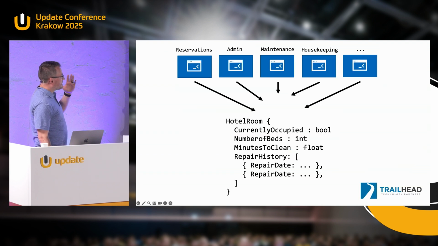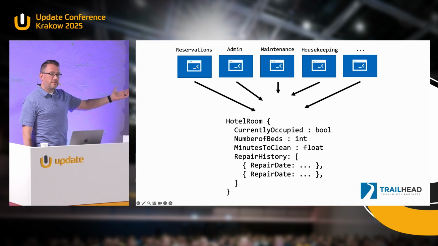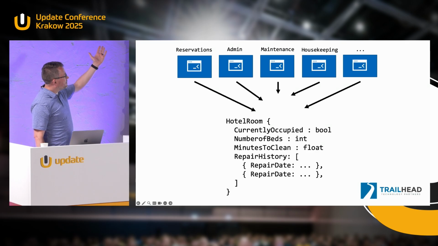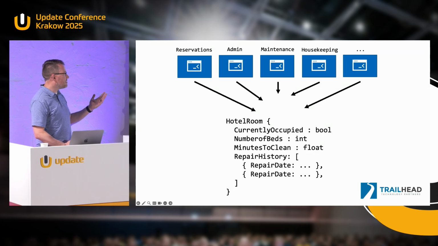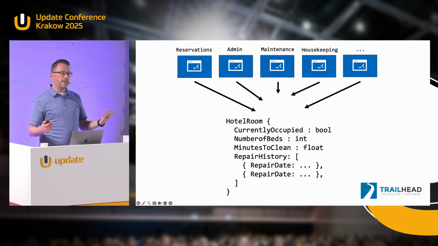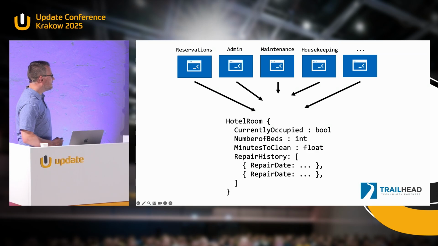Imagine a scenario, for example, where you're doing a hotel microservice and you have created these different microservices: one that takes reservations, one that's an admin one for maintaining issues in the hotel, and one that's for housekeeping, or cleaning the rooms in between stays.